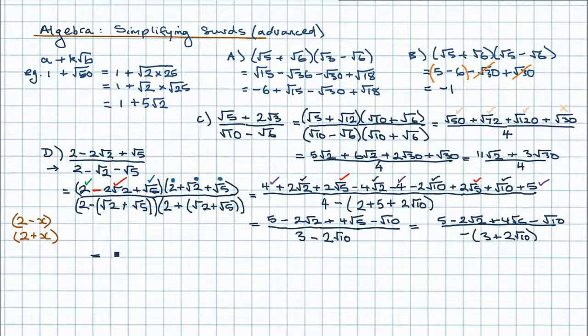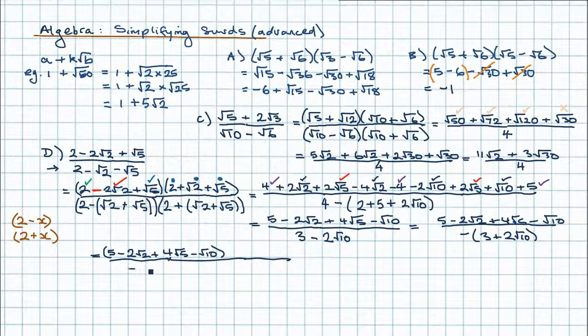So in the numerator, I'm going to have 5 minus 2 root 2 plus 4 root 5 minus root 10. My fraction bar underneath. It's a bit difficult to draw when you're this far down on the graphics tablet, but hopefully that's clear enough.